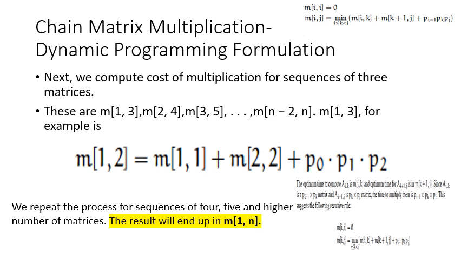If you see from this table that m of 1 1 is known, m of 2 3 is known, and we also know the dimensional values, so we can get a single value from this equation. Similarly for k equals 2, we will get another value. From among the two values we will fill this cell with the value that is minimum.